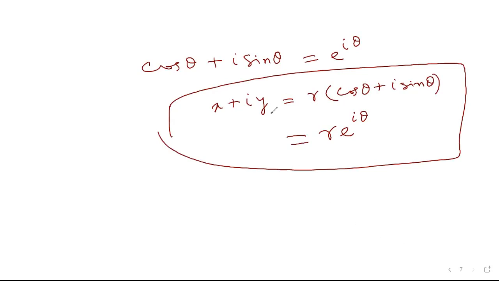We made use of this formula: cos theta plus iota sin theta is equal to e raised to the power iota theta, right? The polar form r e raised to the power iota theta of a complex number is often simpler to use than the rectangular form.